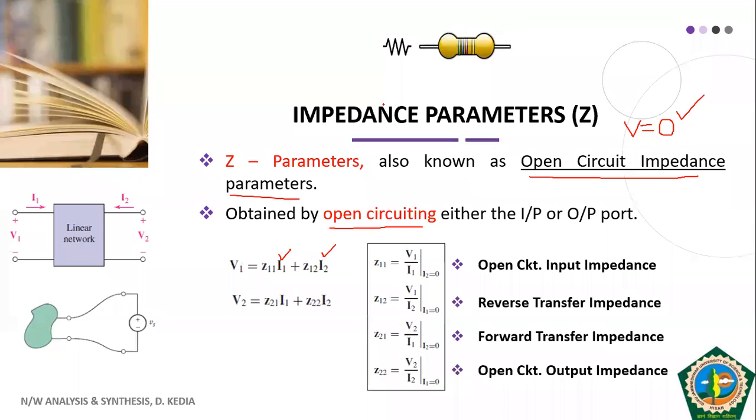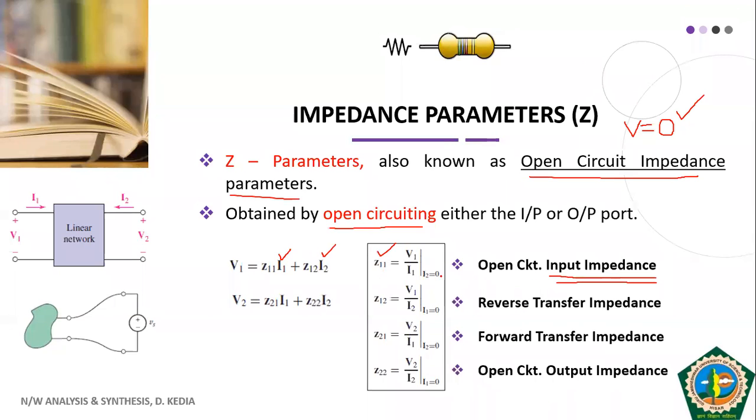Now let us see the names of the various Z parameters. First, Z11 is your open circuit input impedance. So students, if you remember yesterday's class, there Y11 was the input admittance.